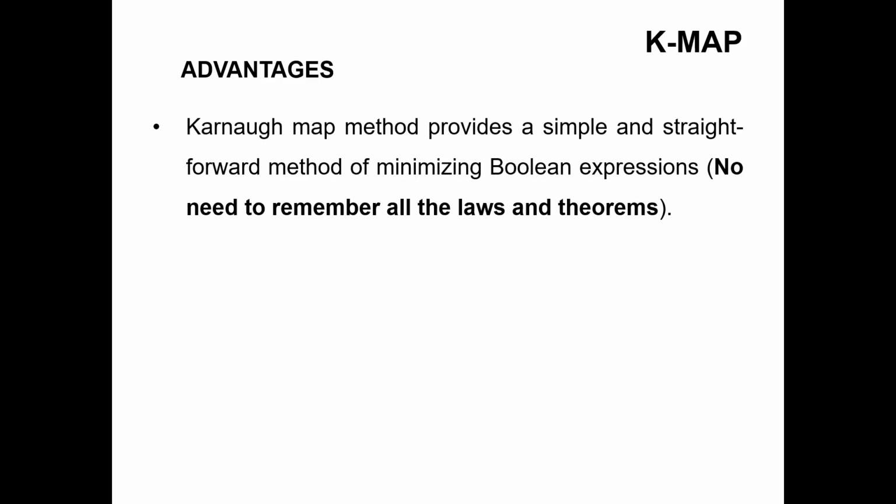The various advantages of K-map are: the K-map method provides a simple and straightforward method of minimizing Boolean expressions. No need to remember all the laws and theorems of Boolean algebra.